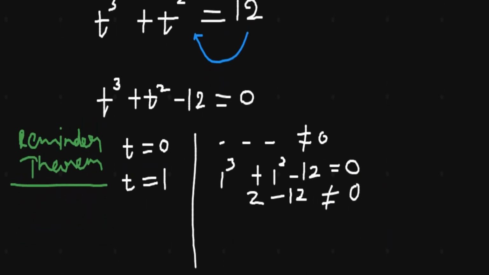So again we are taking t is equal to 2 here. So if we take t is equal to 2, t cube, that is 2 cube, plus 2 square minus 12 is equal to 0.